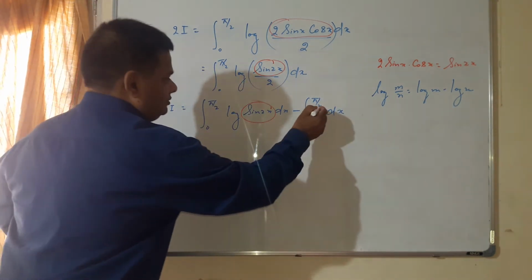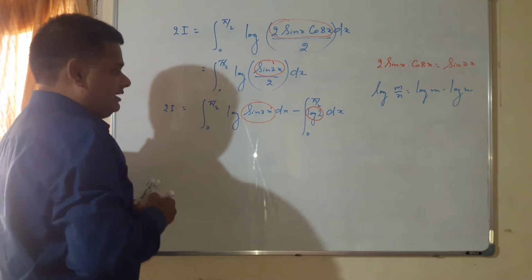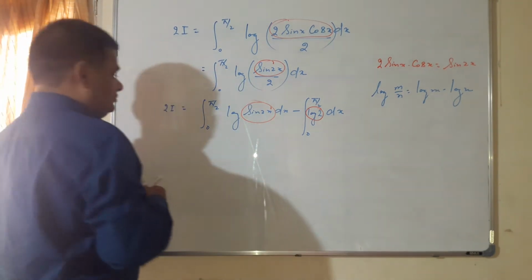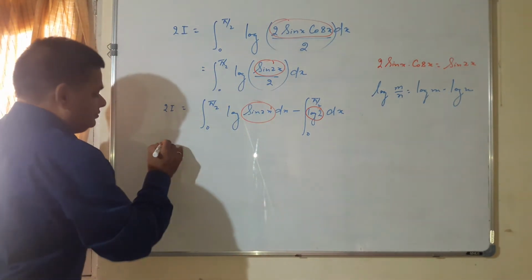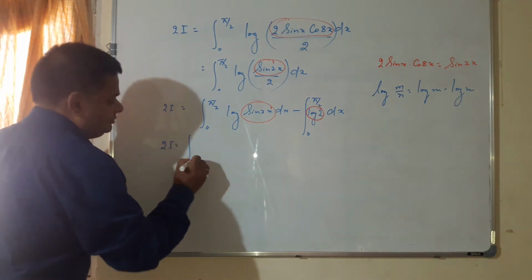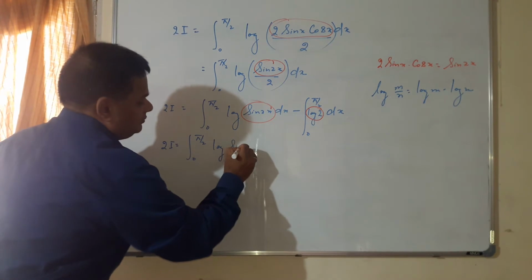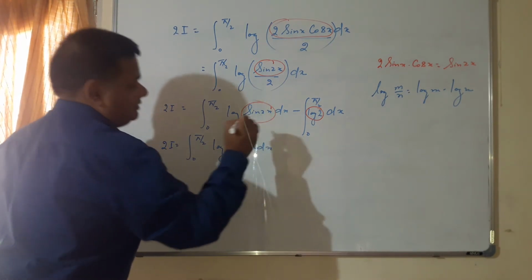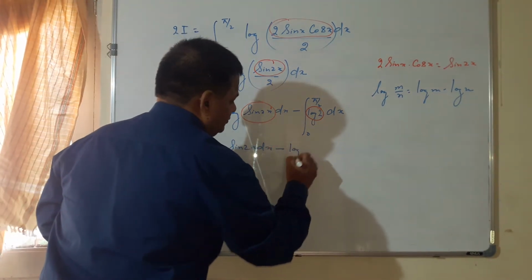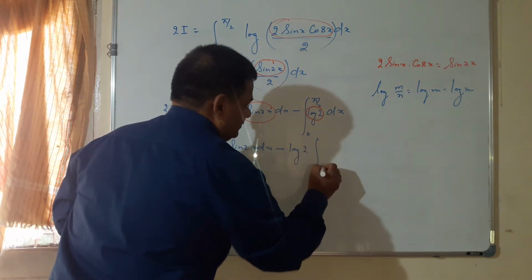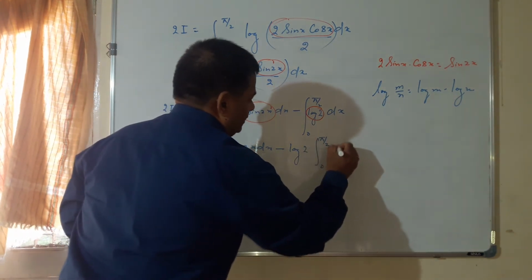Now here log 2 is a constant term, so it goes outside. So writing here 2I is equal to integral 0 to pi by 2 of log sin 2x dx minus log 2 times integral 0 to pi by 2 of dx.